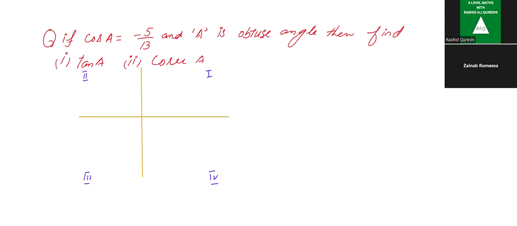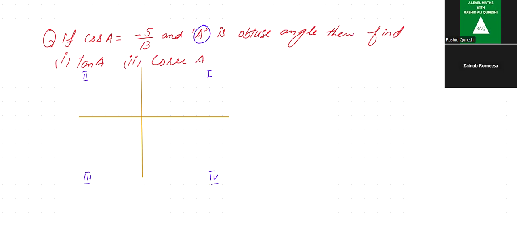First of all, we have to observe where this angle is lying. Where this angle is lying, obtuse. So you have to start from the positive x-axis. I will start an angle from the positive x-axis and move into the second quadrant, because A is given in the second quadrant. So I have to write this one over here.